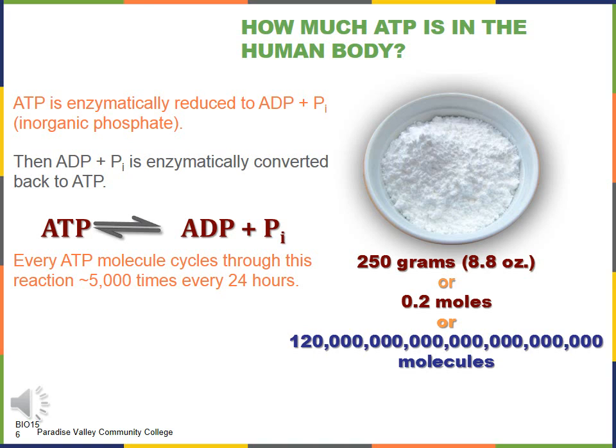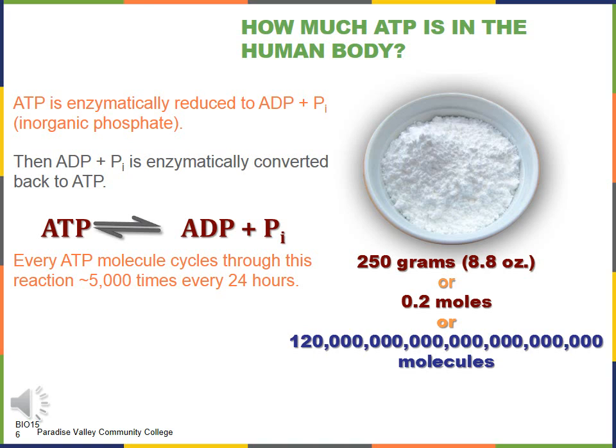So you take out that P and you're left with ADP, adenosine diphosphate. Di means 2, the number 2. So we have 2 phosphate groups left, plus a phosphate group left over from that. So ATP can be enzymatically reduced to ADP plus an extra P, which is inorganic phosphate.